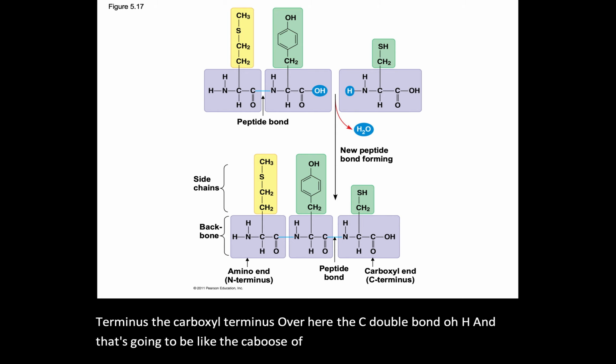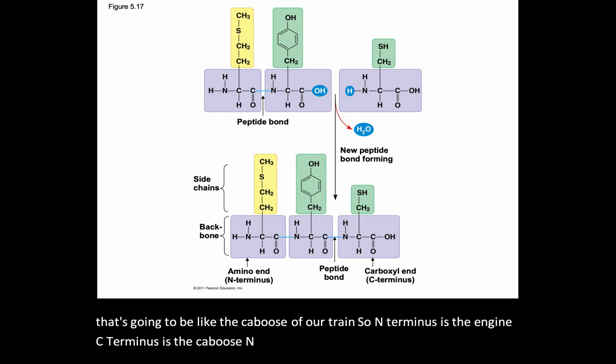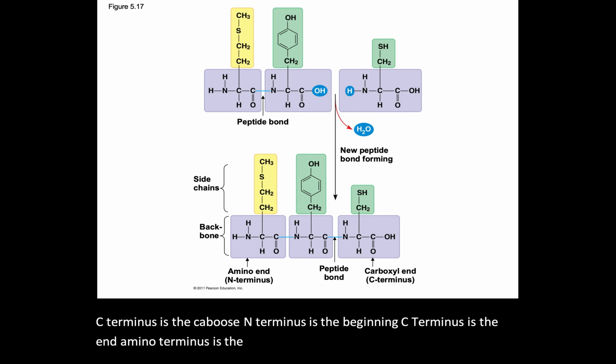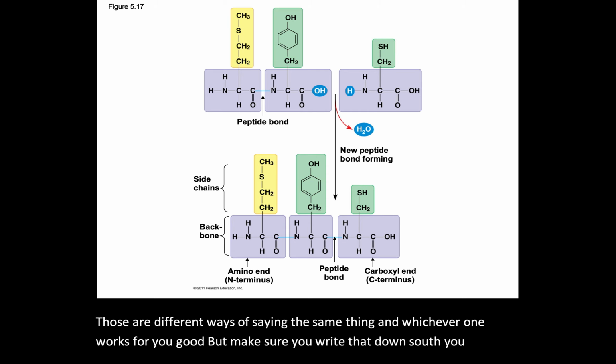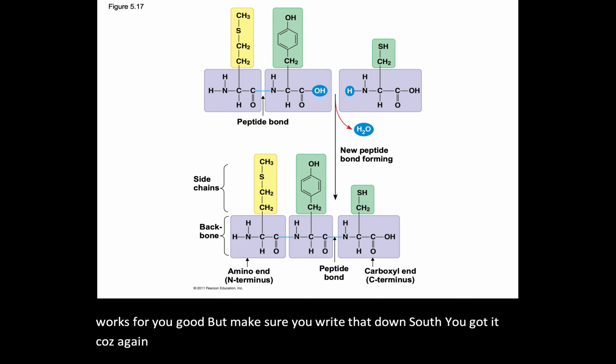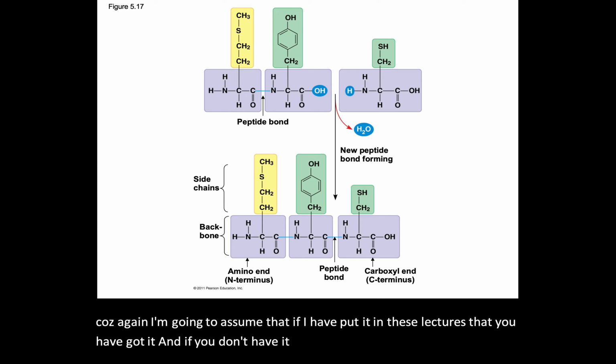So N-terminus is the engine, C-terminus is the caboose, N-terminus is the beginning, C-terminus is the end, amino-terminus is the beginning, carboxyl terminus is the end. Those are different ways of saying the same thing. And whichever one works for you, good. But make sure you write that down so you got it. Because, again, I'm going to assume that if I have put it in these lectures, that you have got it. And if you don't have it, then things are not going to make sense down the road.